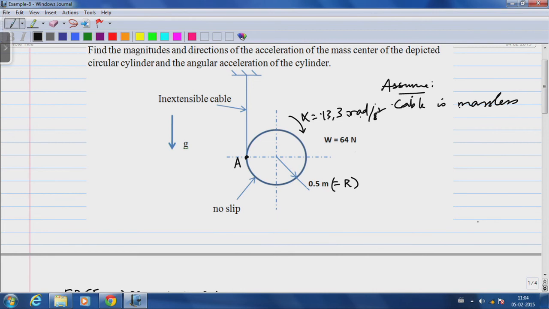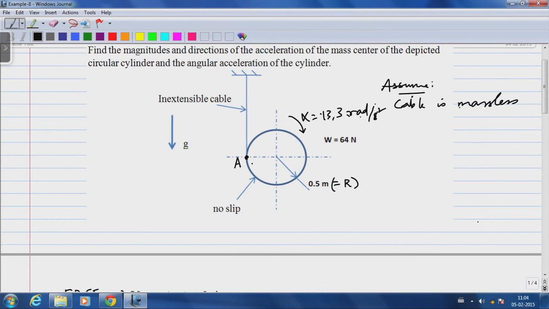And a second check is that if the system was in static equilibrium, which is not possible with the configuration shown here, you can see that the tension in the cable should only be less than 64 newtons. In fact, the tension in the cable is only needed to enforce no slip at this point A. That is, you need a moment which cannot be created by the weight of the cylinder itself to cause the cylinder to roll.